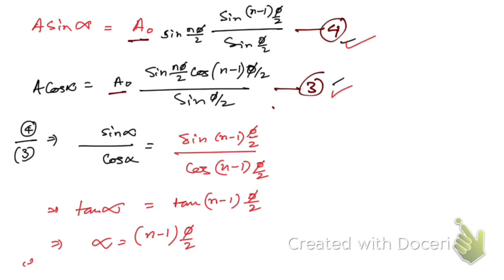Now you see, if n tends to infinity, that means if n is very large, then n minus 1 by 2 is approximately equal to n by 2, and therefore we can write this is the initial phase of the resultant oscillation, that is the epoch of the resultant oscillation, that can be n by 2 into phi.